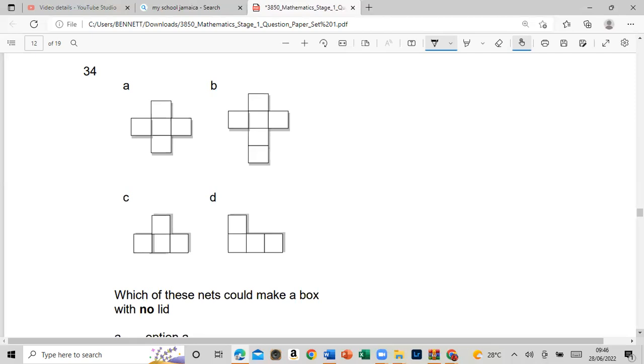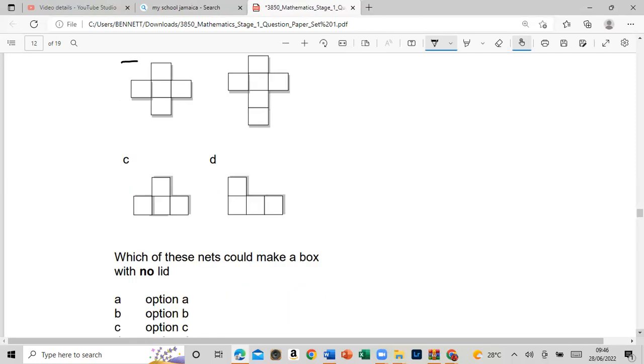That's A. So the base. All right. So that's A.